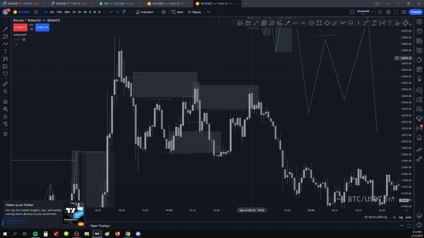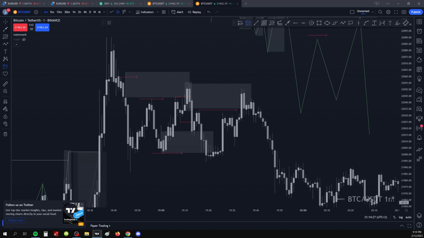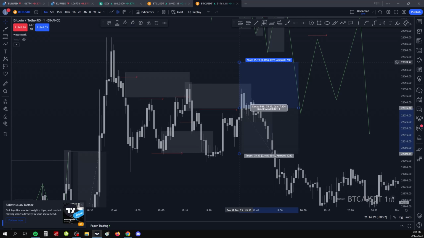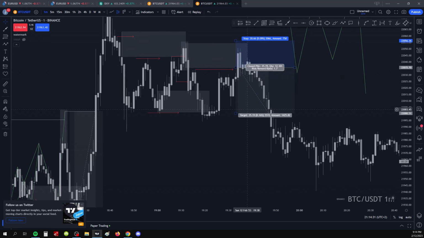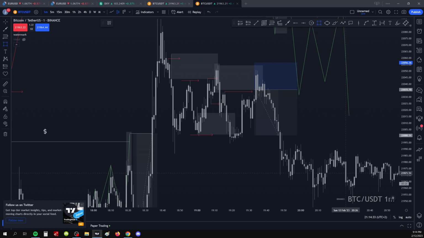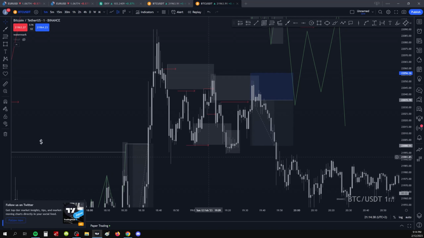And as I said in the previous video, the first high after the break is always the inducement. And what do we have? The highest candle is this one. So this is your entry. This is just liquidity creation.